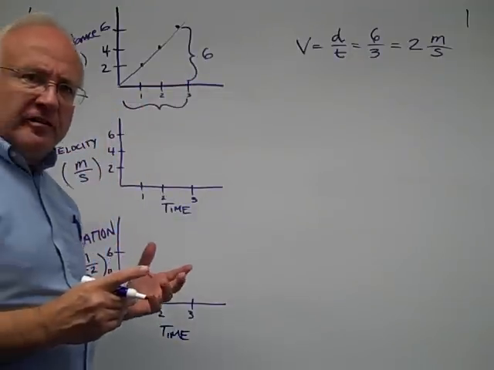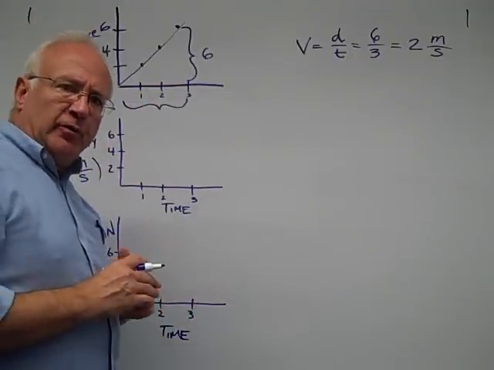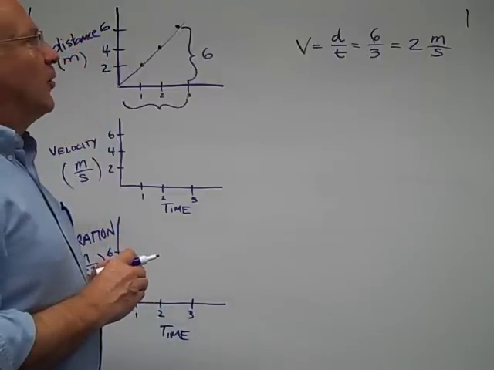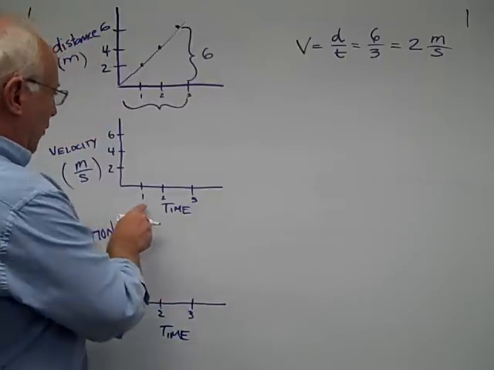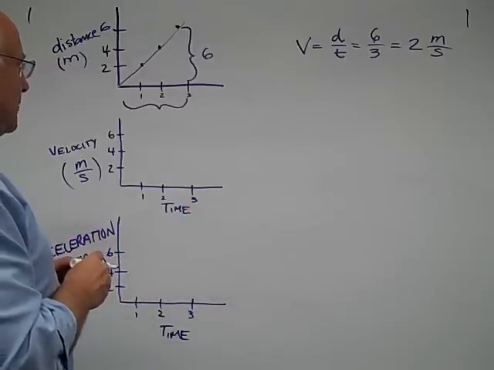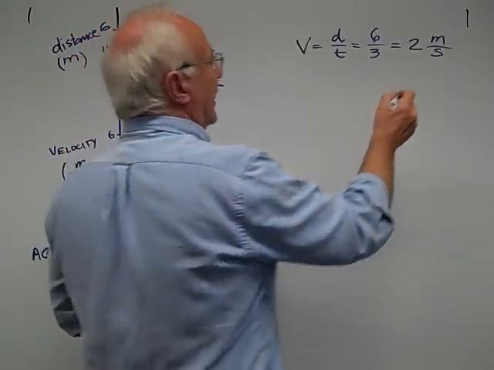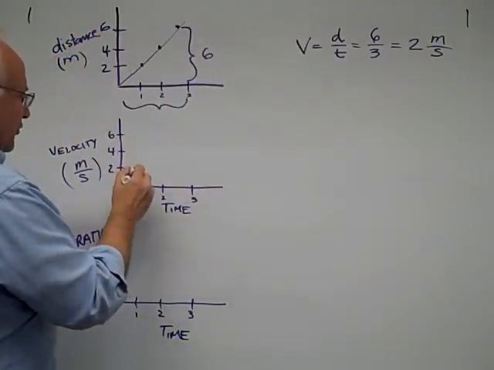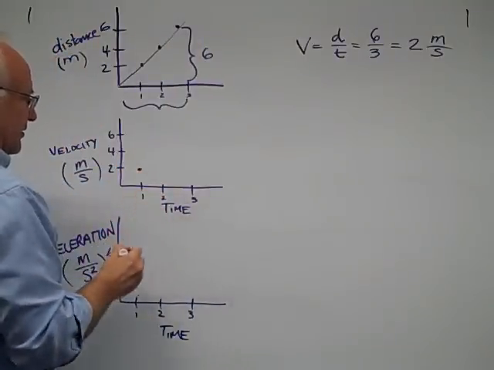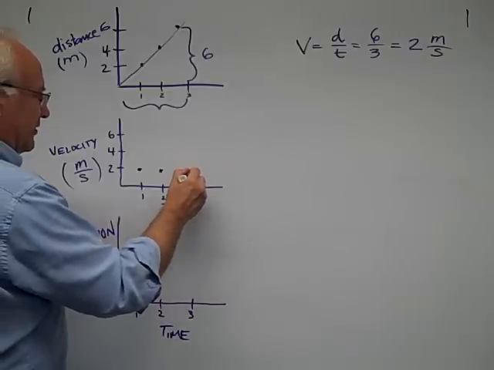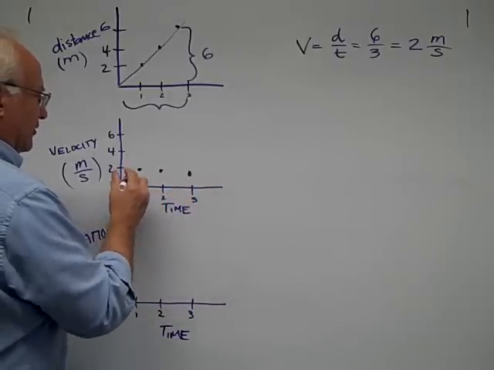Suppose I were just interested in how fast something were moving at a given time. In other words, I wanted a graph that told me how fast it was moving at 1 second, 2 seconds, and 3 seconds. Well, I have that. At 1 second, I was moving 2 meters per second. At 2 seconds, I was moving 2 meters per second. At 3 seconds, I was moving 2 meters per second.